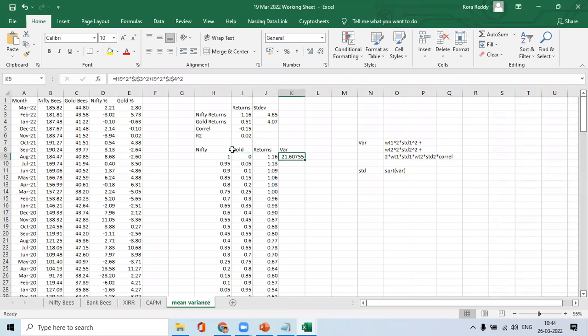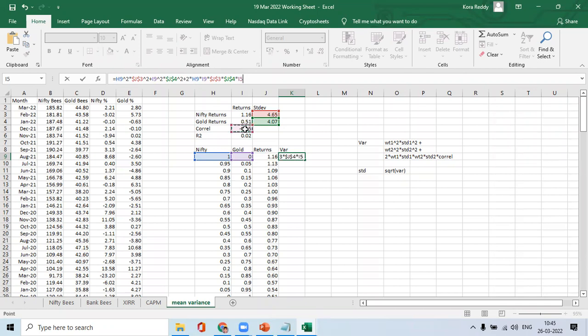Now coming back to here, we have to complete the rest of the formula. That is 2 into weight 1, into weight 2, into standard deviation of 1, into standard deviation of 2, into the correlation.